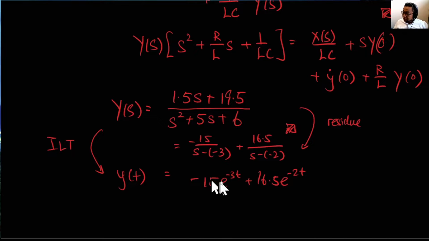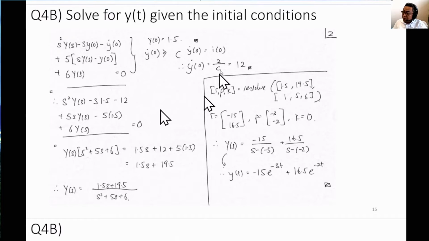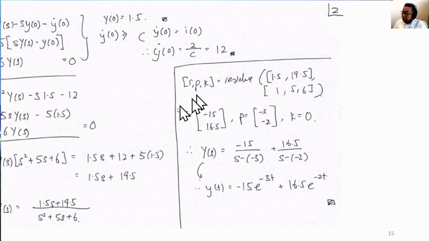So we have minus 15 e^(-3t) plus 16.5 e^(-2t). This is the equation in the time domain representing the voltage across the capacitor. This is my detailed working showing you how to use MATLAB to perform the partial fraction expansion using residue and the rpk expansion.